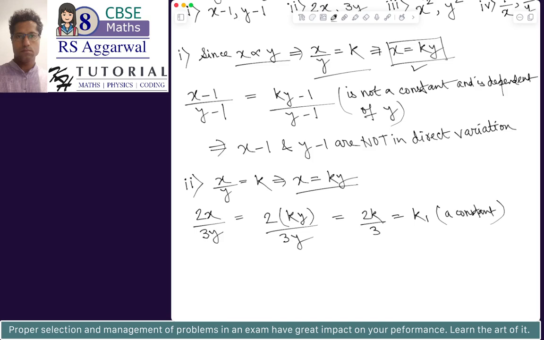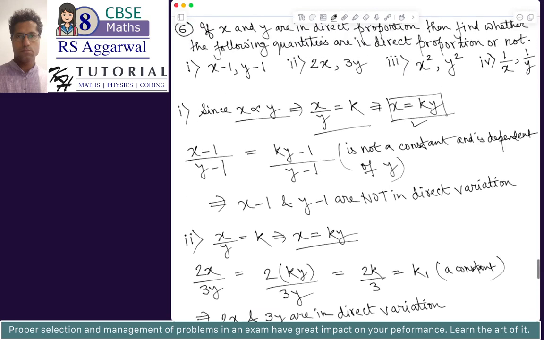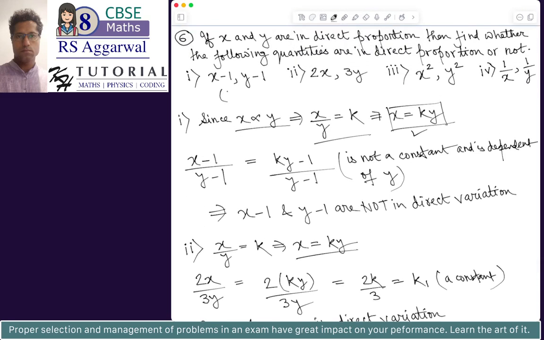So we can see that the ratio of the quantities 2x and 3y is a constant. So this implies that 2x and 3y are in direct variation.